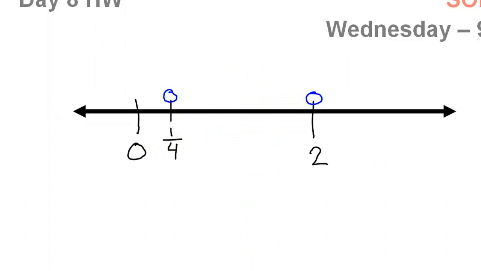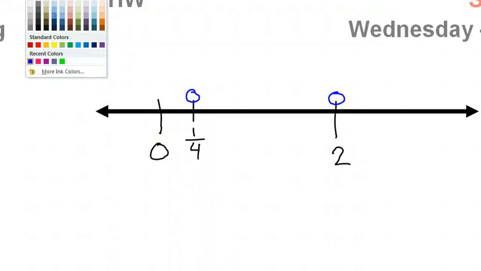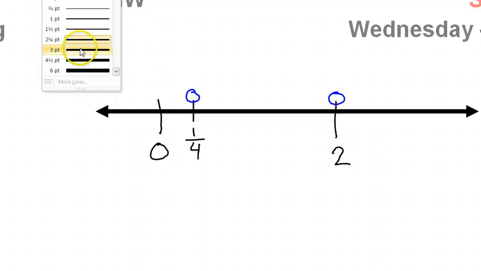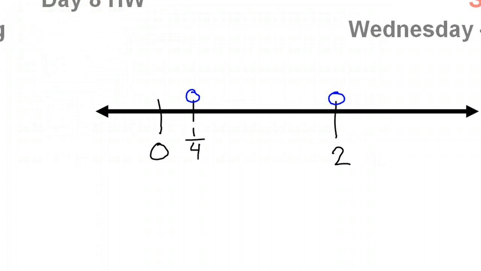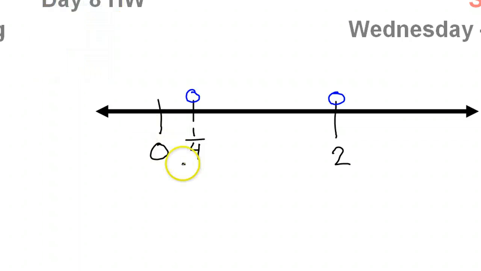Now, we're not going to do it that way. That was just for my visual learners. We're going to use test values instead, because that's the way we're supposed to do it. And some people are not so visual. So what we are actually supposed to do is realize that these zeros, these x-intercepts, divide the number line into 3 zones.